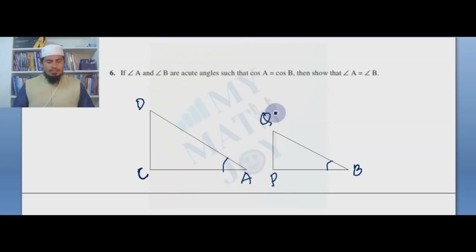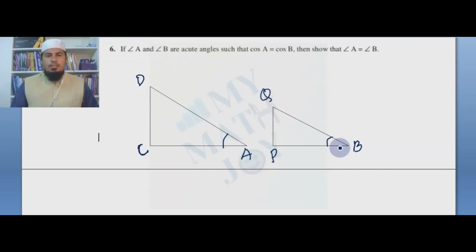You can change the vertices, but angle A should be in one triangle and B should be in another triangle, otherwise it only makes us confused. No problem. So now we have two right angle triangles. A is here, B is here.